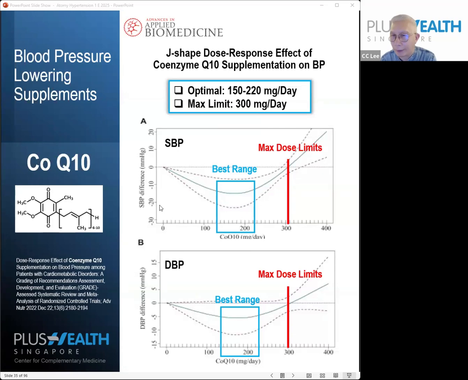You must choose the right dosage so that it can be effective. Not enough is not going to be effective, but if you overdose, you can also have adverse effects. This is a very classical case of adverse effects of overdose. Remember, even if you take supplements, you must recognize the best dosage, and do not think that taking more is better.